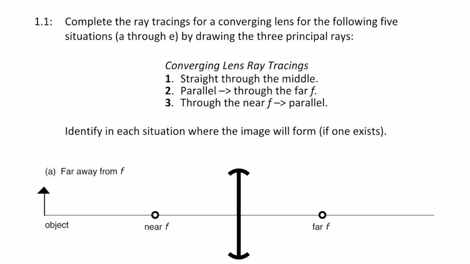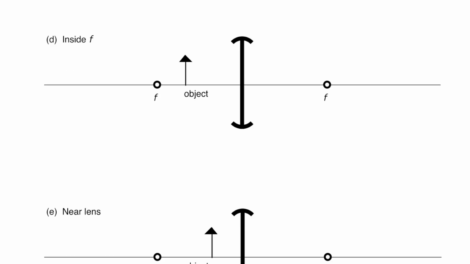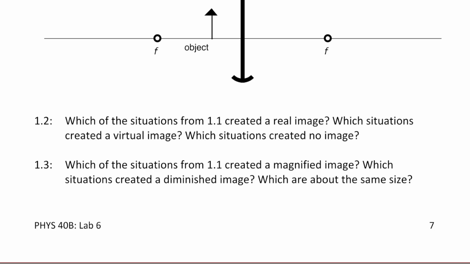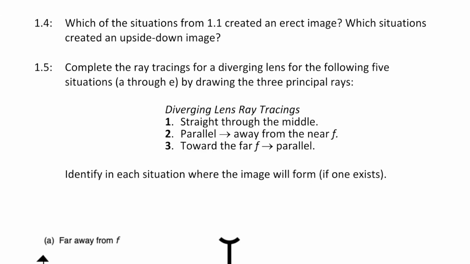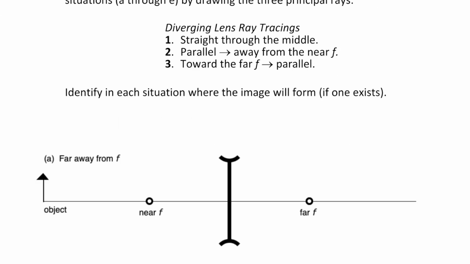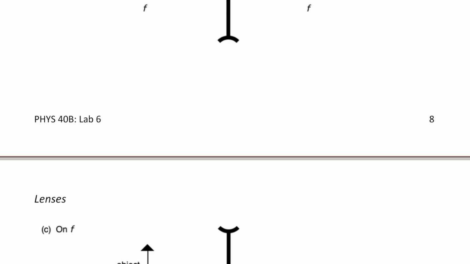All right. And so then the first part of the lab is just a bunch of examples of determining where images will form for 1.1, and then you talk about when you have a real versus a virtual image, a magnified image, and then you complete ray tracings for this next part.